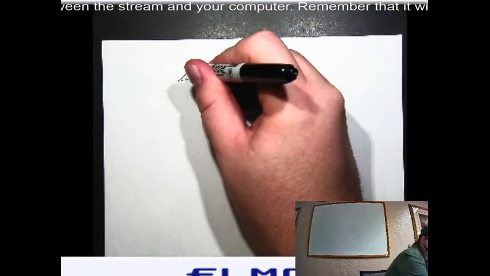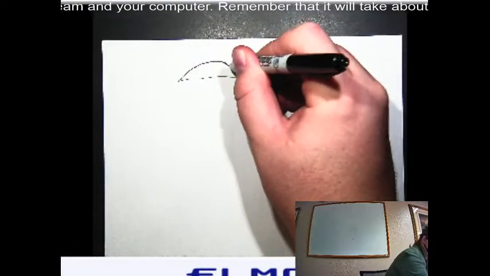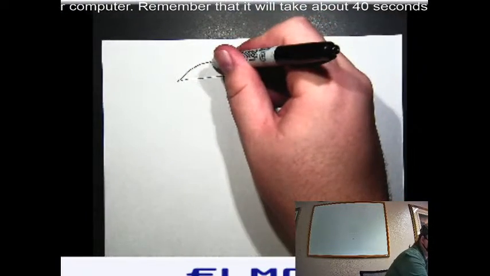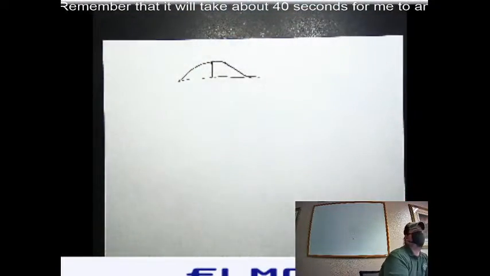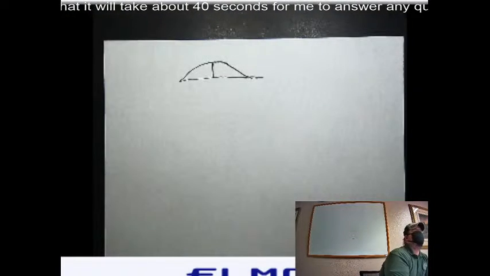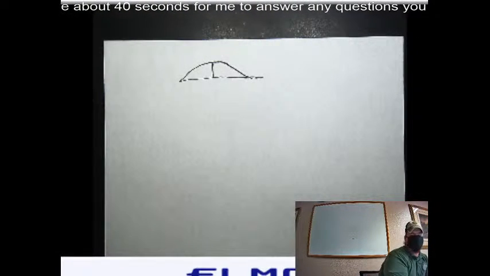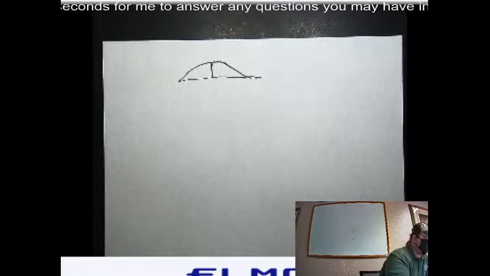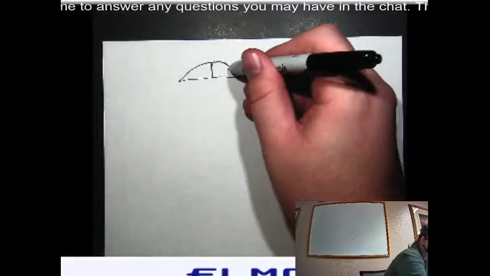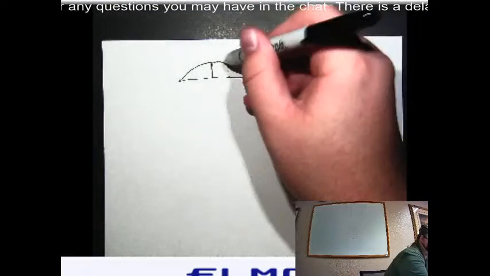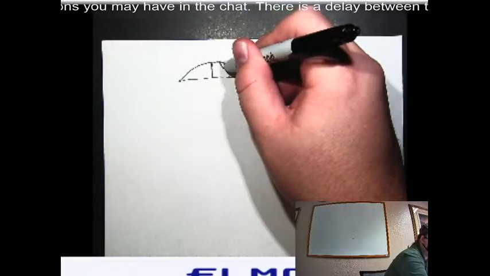So again, let's say we have normally distributed data. Now let's say we know the amount of data behind this point.